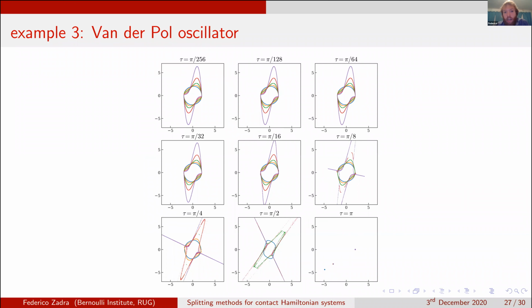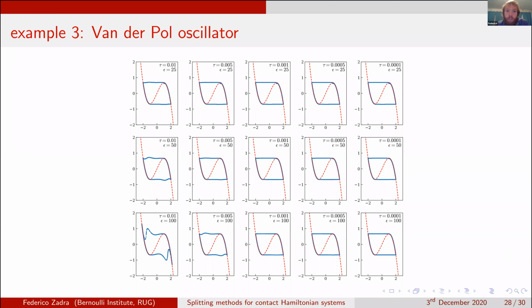These tails are more evident when we study big nonlinearity. In fact, they arise earlier, and it can be studied in these plots. In particular, we see how they play an interesting role when the time step is bigger with respect to the nonlinearity. In particular, the first picture of the last line.